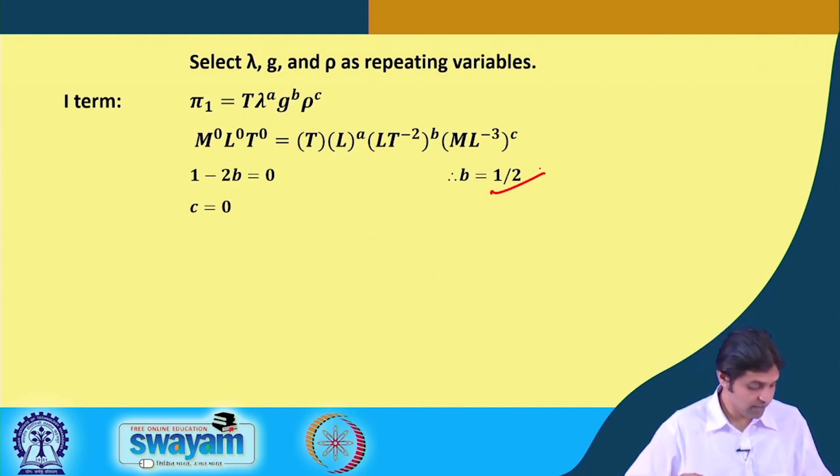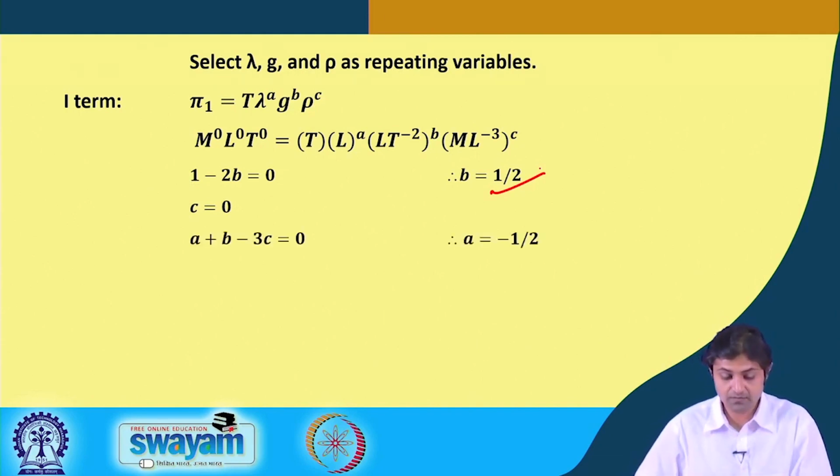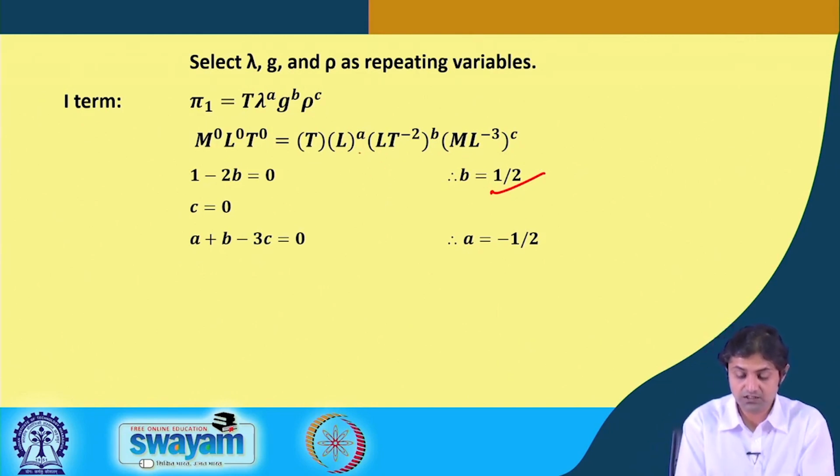And we have to calculate the exponent of L, which is a plus b minus 3c. So, how are we going to get this C is equal to 0?